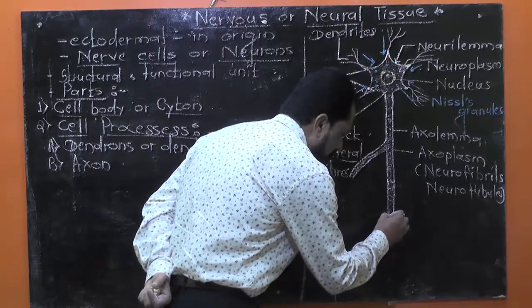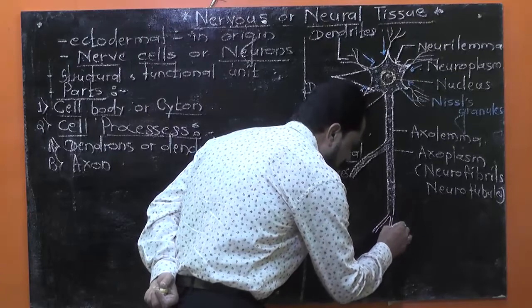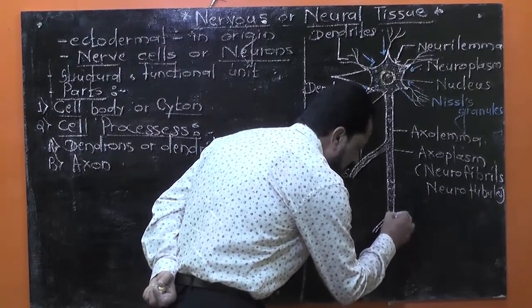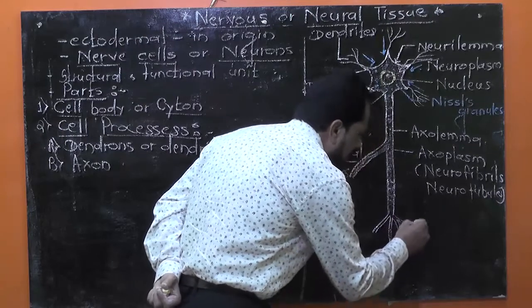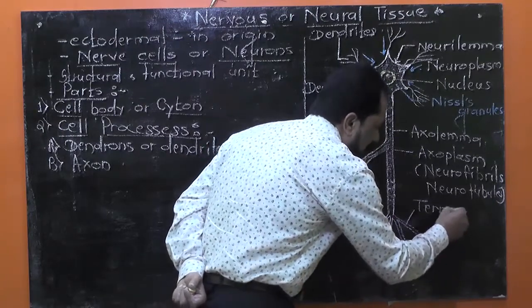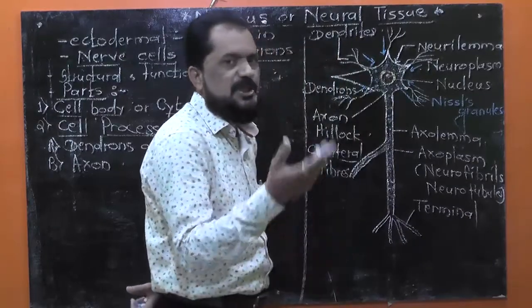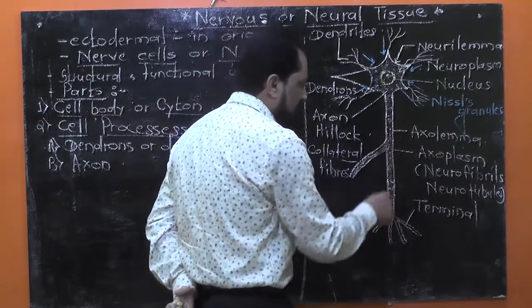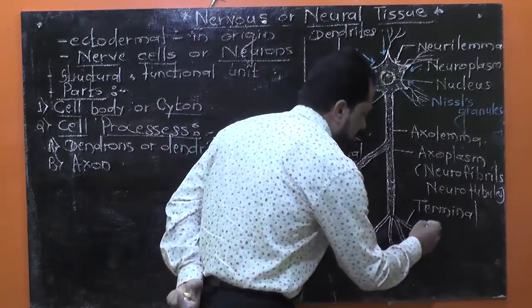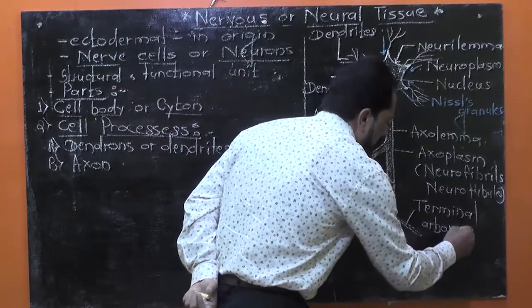It means at the terminal end, the axon gives rise to many small branches known as terminal arborization. Arbor stands for branching nature or tree. So here at the terminal end of the axon, many branches are seen. It is known as terminal arborization.